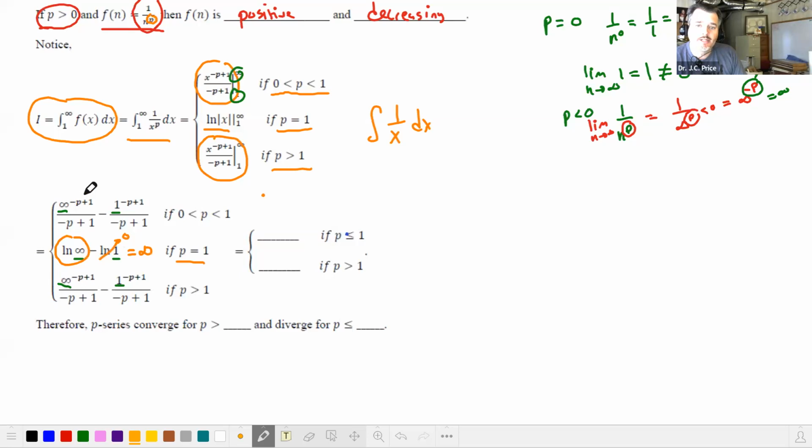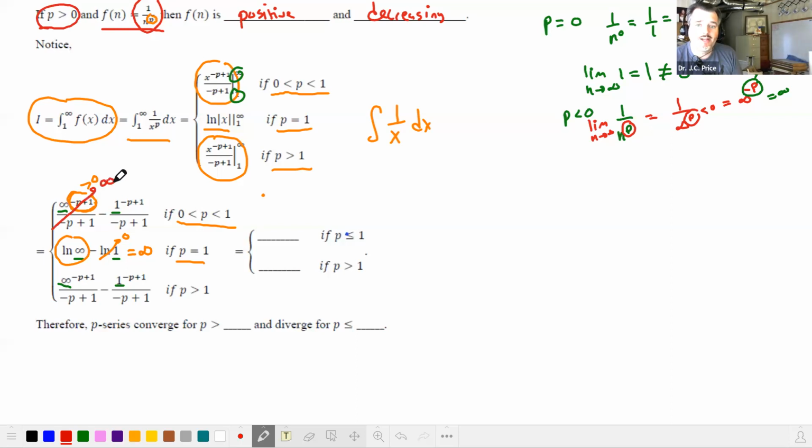And then up here, think about what minus p plus 1 is. So p is a number between 0 and 1, like a half or a fifth or 7/8. If you have negative that number and you add 1, that exponent is always going to be positive. And infinity to a positive exponent is just going to give you infinity.